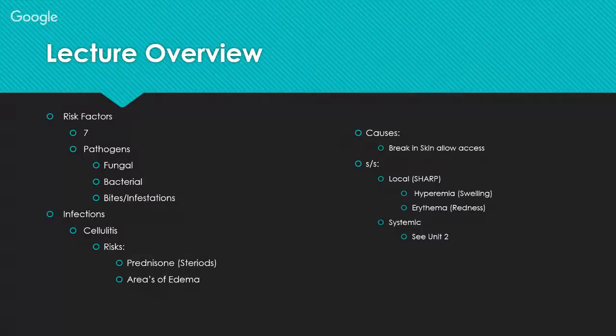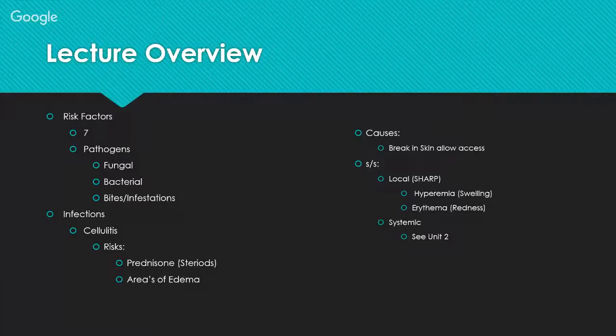The high risks could be someone with diabetes or a weakened immune system. They could be on prednisone or other steroids. This high-risk group tends to get sicker from cellulitis and is more likely to get cellulitis again. So once you get it, you can get it again really easy.